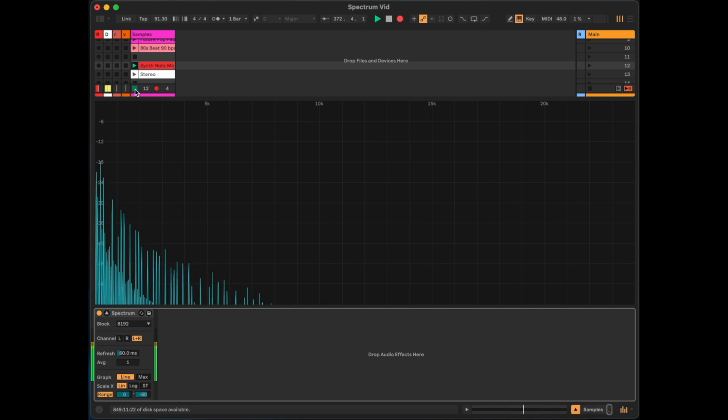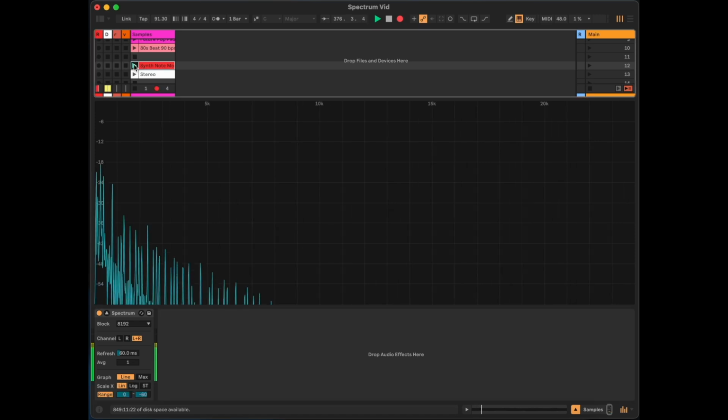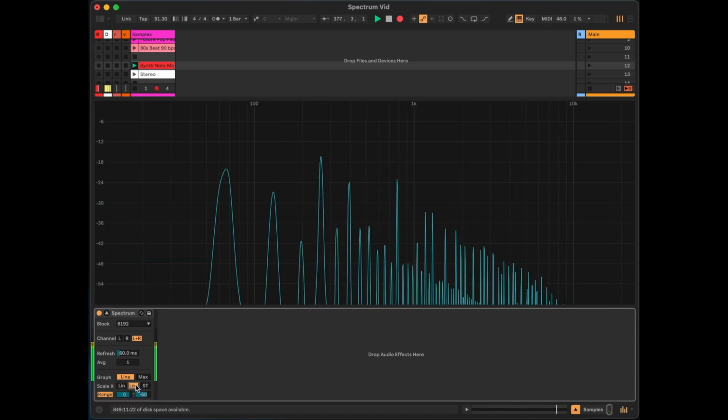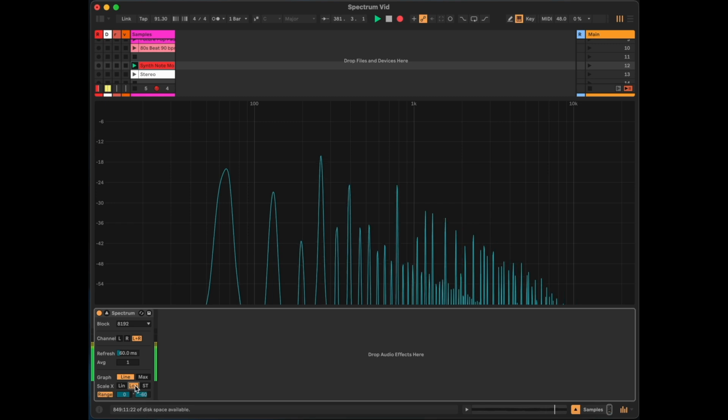To display the frequency content in a way in which our ears and eyes can visualize, we use the log setting. We use the logarithmic setting to scale our view in a more usable way for frequency and pitch. With the logarithmic scaling, we can visually see all the frequency ranges in a sound more equally.